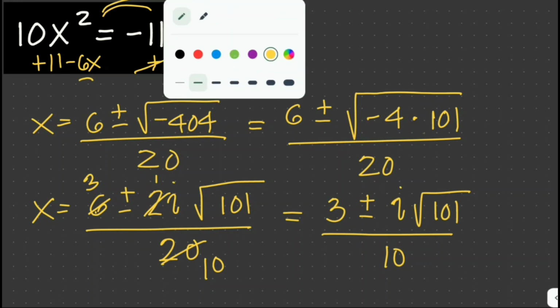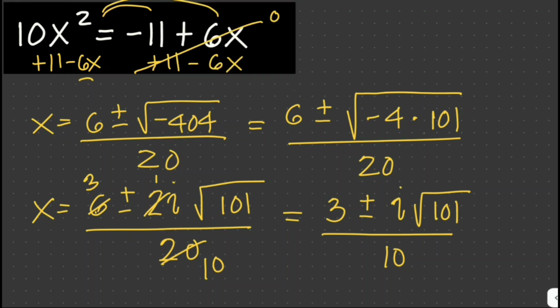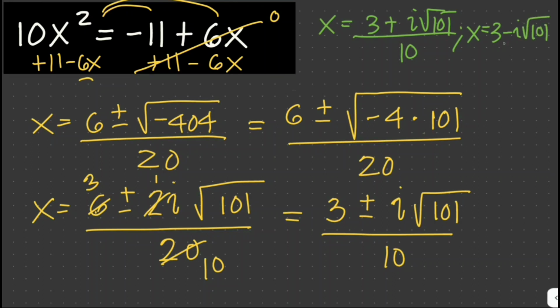Or you can simply write the two values for x, which are x equals 3 plus i square root of 101 over 10, or x equals 3 minus i square root of 101 over 10. So those are the values for x.